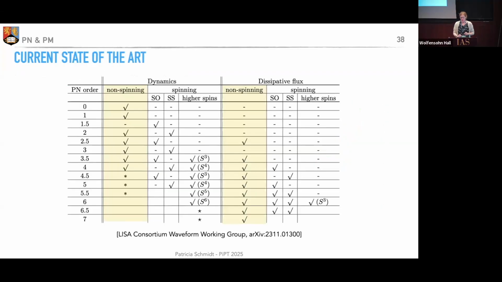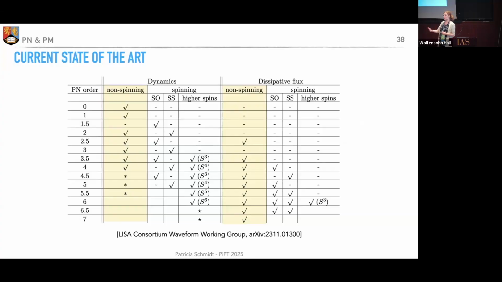And over time, I'm going to stop with this one here just to give you a flavor of where we are at the moment. This is from a recent compilation by the LISA consortium, who have looked at all the PN terms that have been computed in the dynamics, and then also in the flux. Because remember, flux starts at 2.5PN.